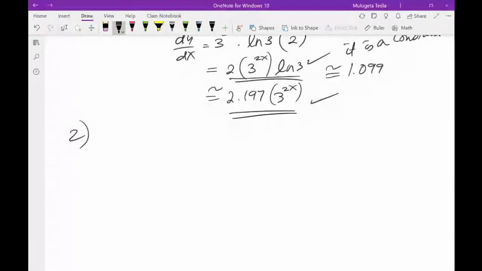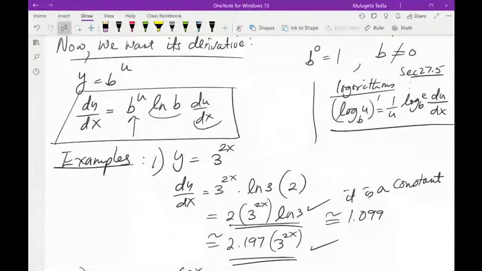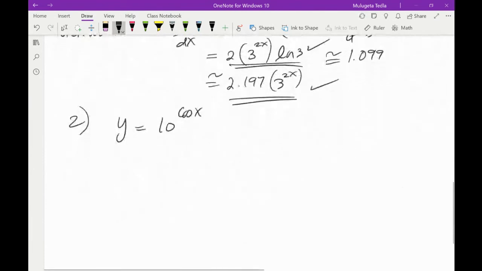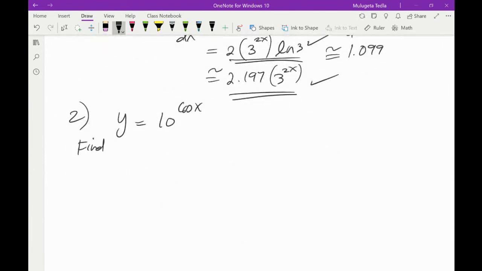Number 2, say y equal to 10 to the power of cos x. Find the derivative of this. Who can help me?